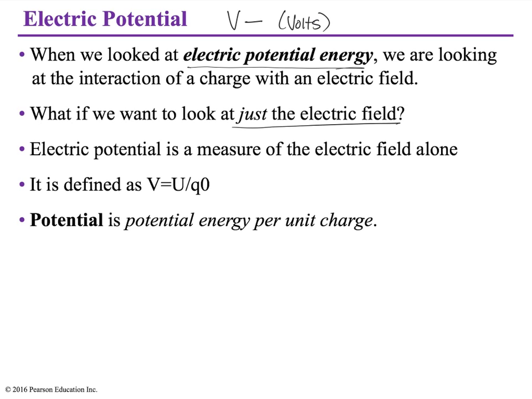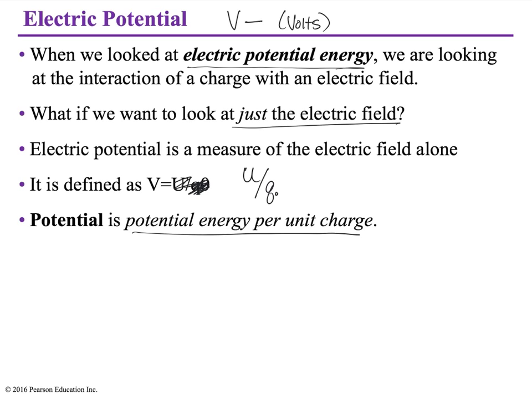So electric potential is something that tells us about the electric field itself. It eliminates any other charges interacting with it. By definition, V is expressed as potential energy over Q naught, or the potential energy per unit charge.